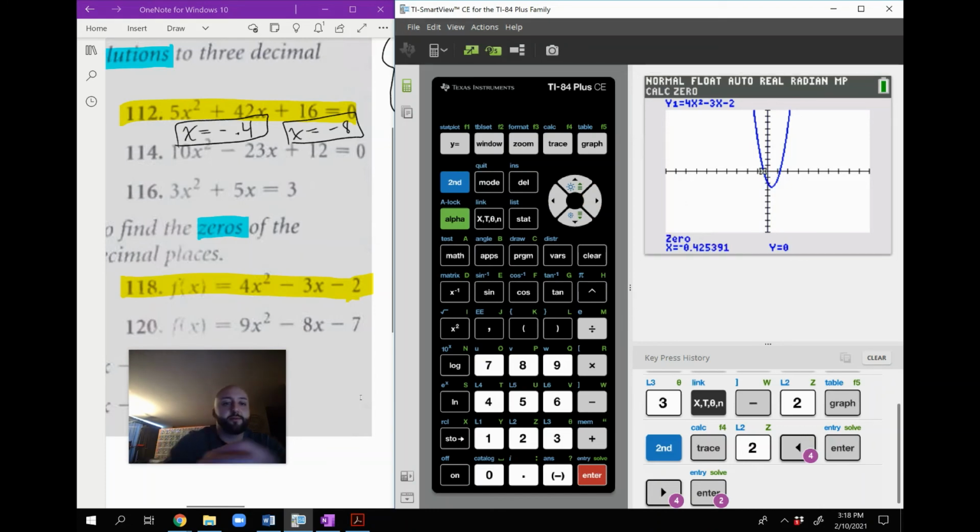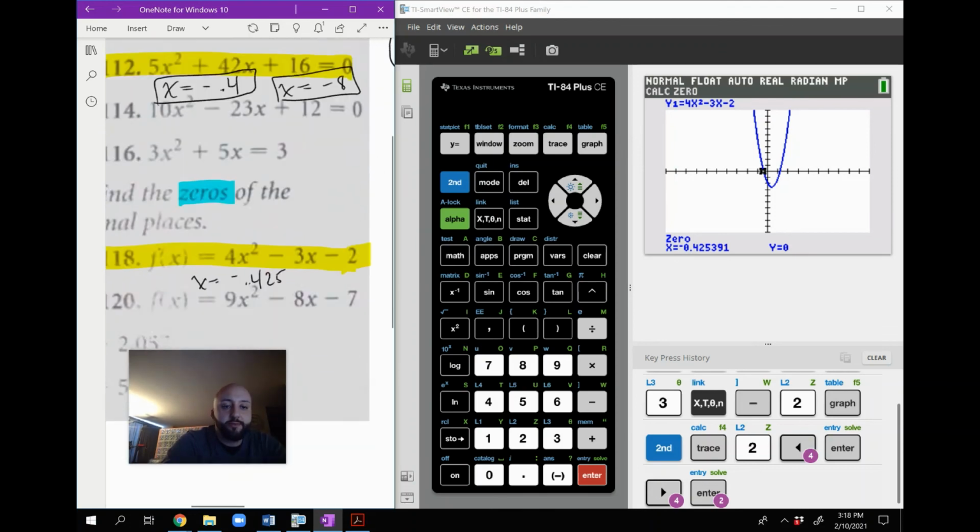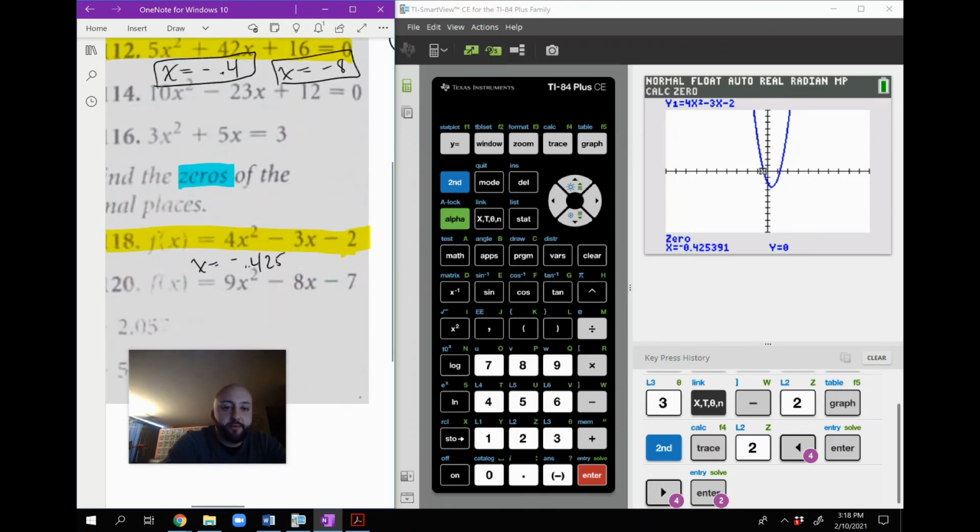There's one of our zeros. So we have x equals -0.425. Round to 3 decimal places when appropriate. This is where it's appropriate because we have 15,000 decimals.